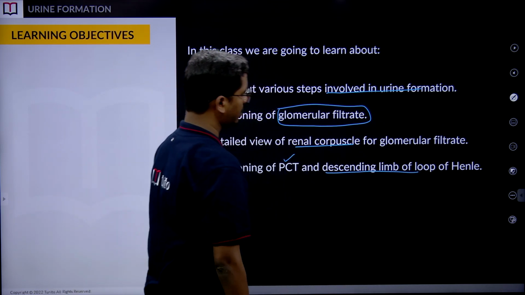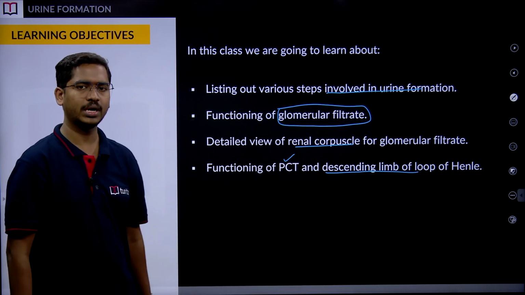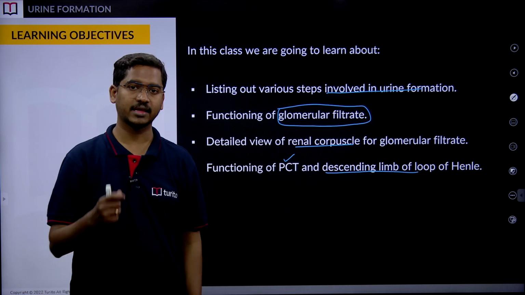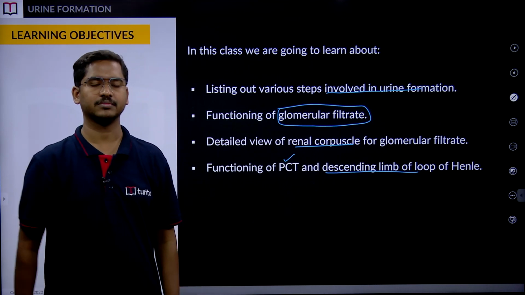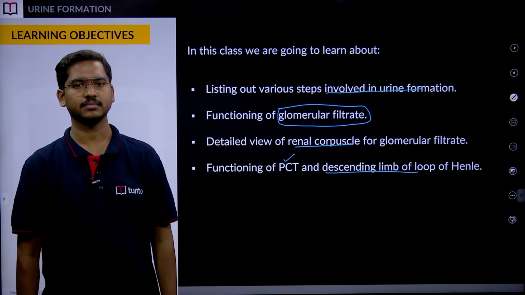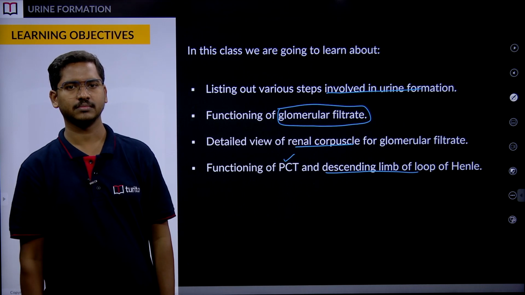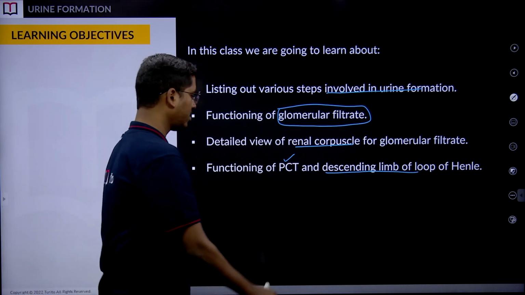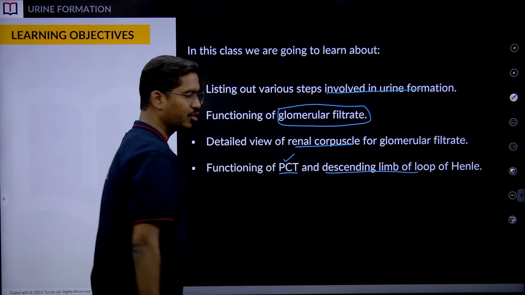Children, can anyone tell me what you mean by PCT? Expand PCT. Correct. It is quite simple, PCT is proximal convoluted tubule.